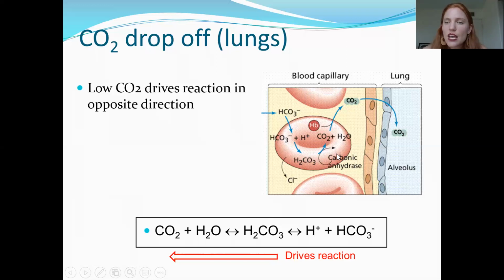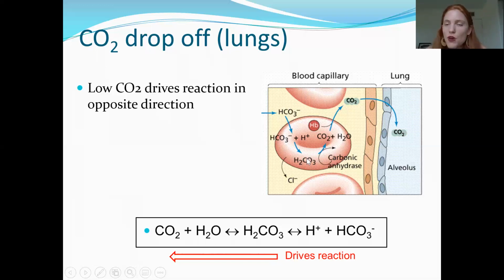Then you'll use the same enzyme that you had before, carbonic anhydrase, to split that carbonic acid back up into carbon dioxide and water. The water is nice and neutral, it just hangs out in the cell. The carbon dioxide, because of the partial pressure differences, will be drawn out of the cell and then out of the blood and into the alveoli so that you can breathe it out.